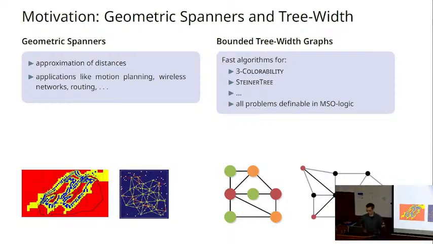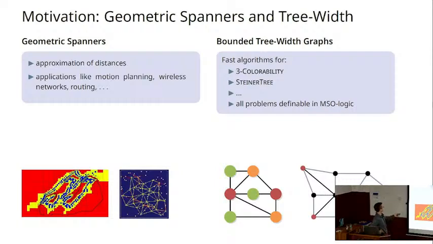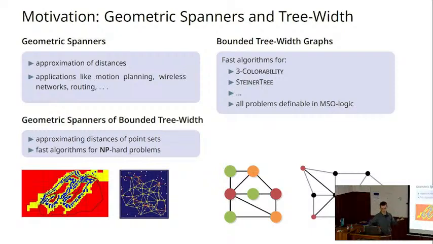For instance, if you have a spanner for some wireless communication, then you might want to color it, because this would allow you to avoid conflict in a communication. But coloring is a hard problem. But if you have bounded tree widths, then you get polynomial time algorithms for these kinds of problems. So combining this, hopefully, you have a nice approximation of your distances and can do fast algorithms on your spanners.